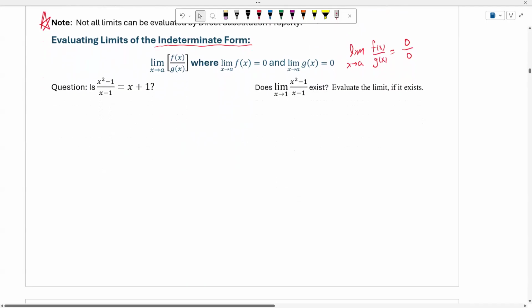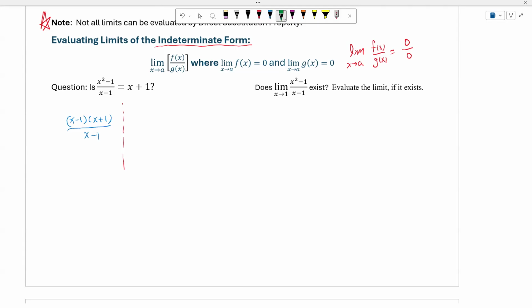My question is: is x squared minus 1 divided by x minus 1 equal to x plus 1? To this idea, you will see that x squared minus 1 is basically x minus 1 times x plus 1.